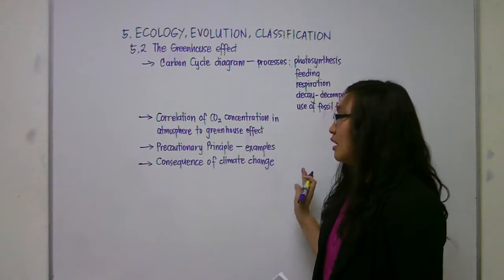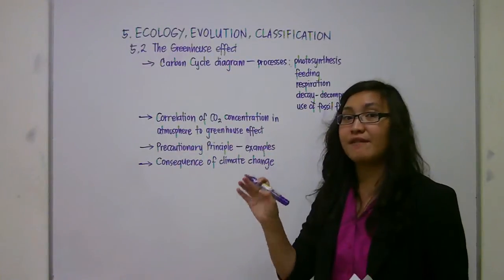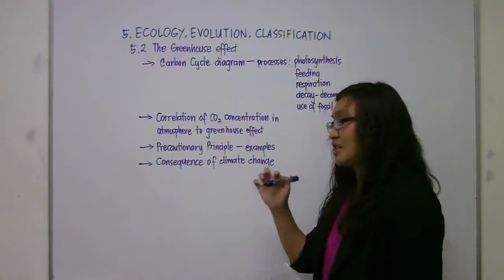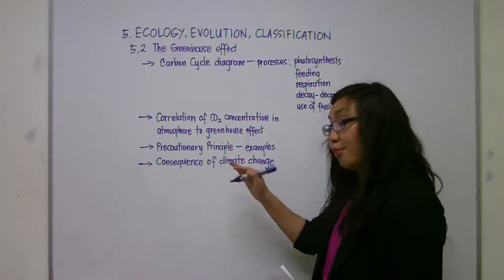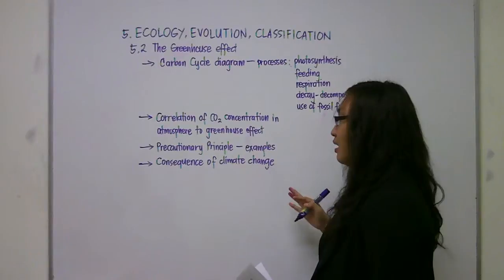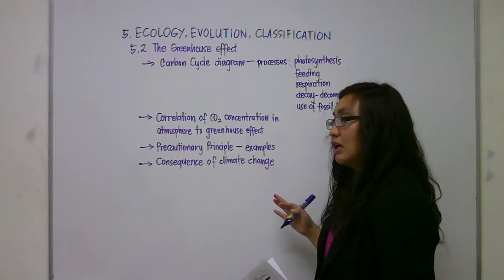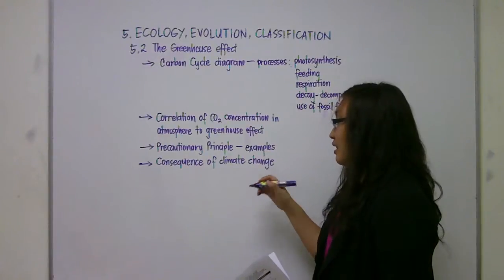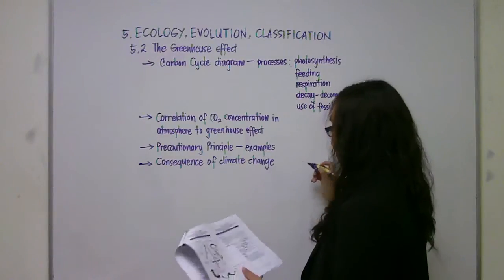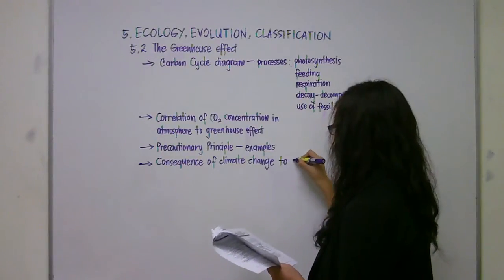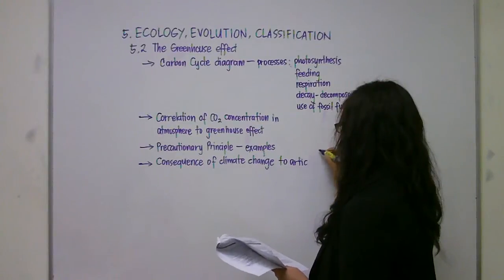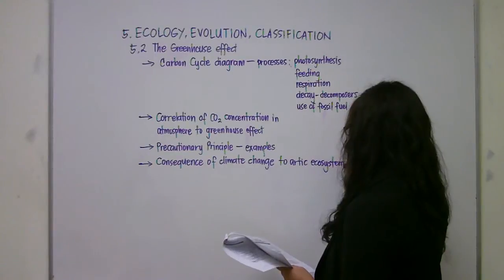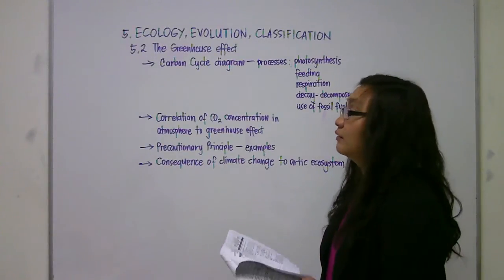There are several consequences that can happen because of this. We just need to discuss them point by point so that students will be able to understand and see their effect. So that will be all in the greenhouse effect.